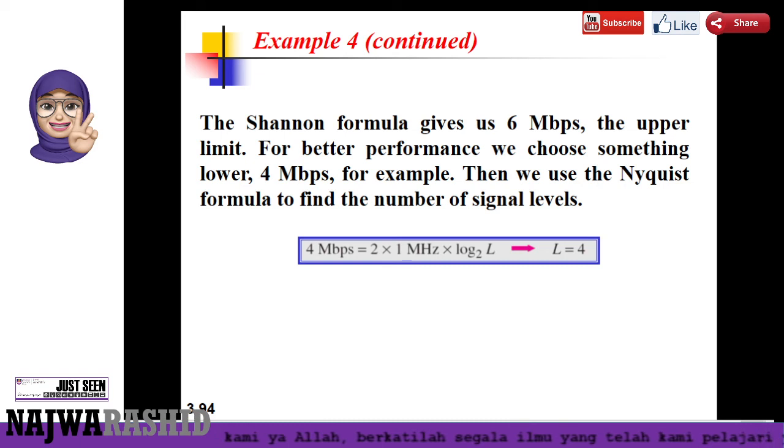Then we use the Nyquist formula, the previous one, to find the number of signal levels. 4 megabit per second equals 2 times 1 megahertz times log base 2 of L. So we will get L equal to 4.